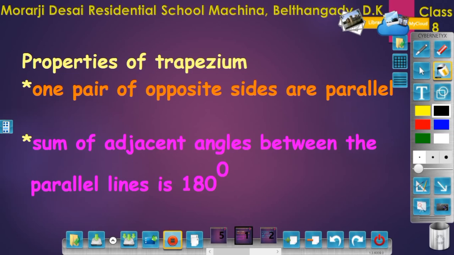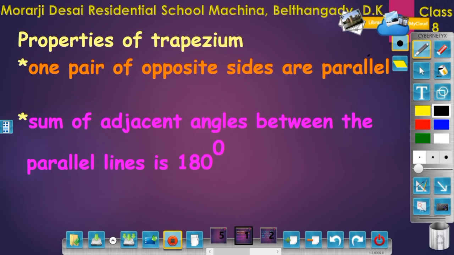Now let us summarize the properties of trapezium. Properties of trapezium are: in trapezium, one pair of opposite sides are parallel. And next property, sum of adjacent angles between the parallel lines is 180 degree.